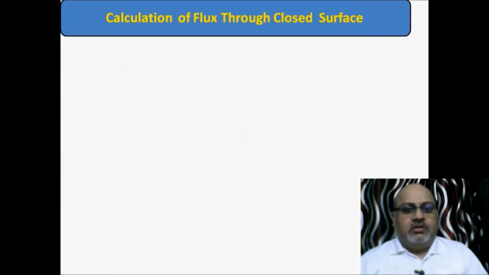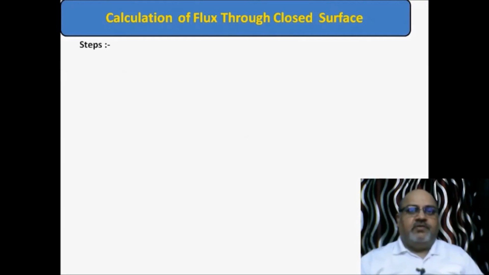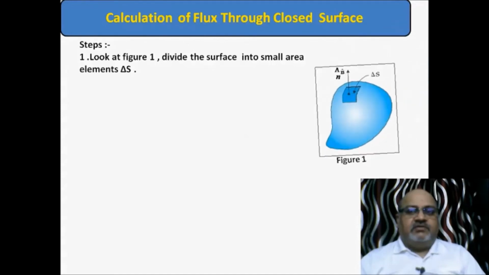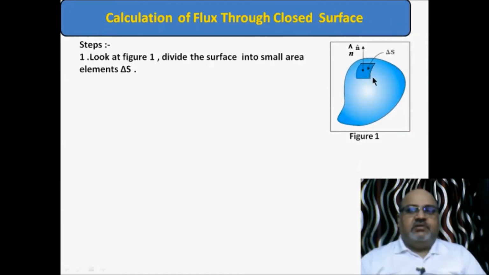Now, the process of calculation of electric flux through a closed surface. How? Steps. Look at figure 1. See this figure? This is a three-dimensional figure. To calculate the flux through this total closed surface, what are the steps?